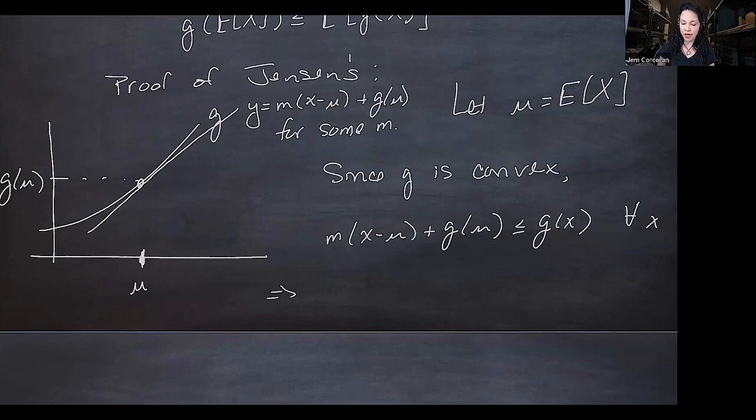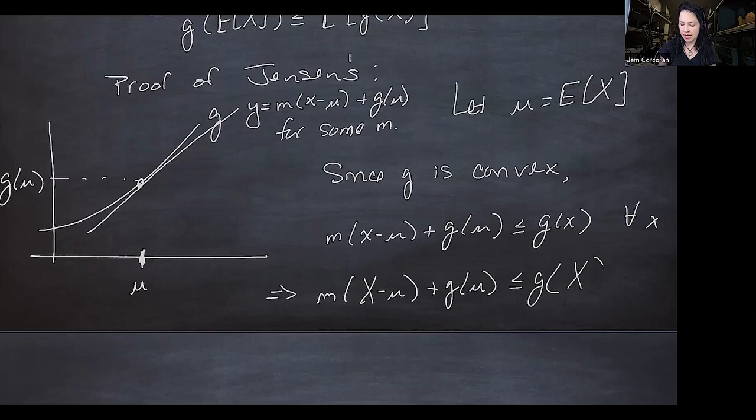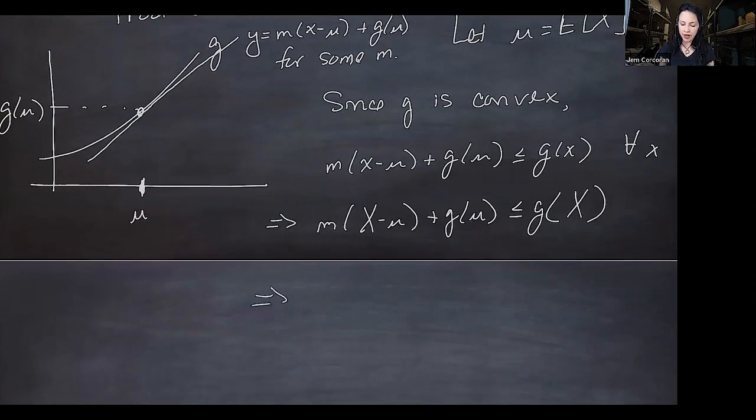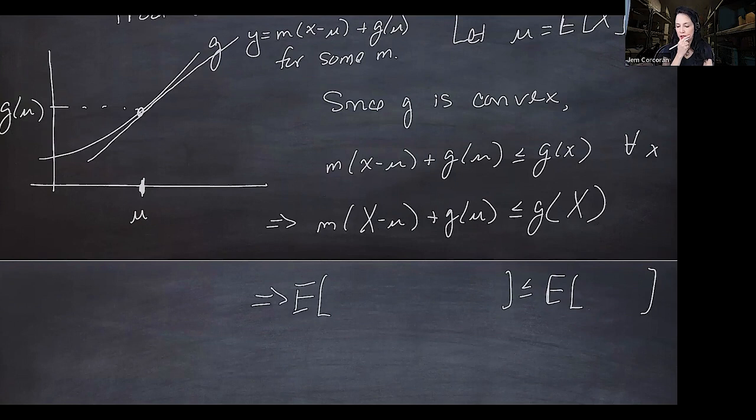And so if we plug in a random x, that will still hold. So let me make these capital: m times (X minus mu) plus g of mu is less than or equal to g of capital X. And now I'm going to take the expected value on both sides. Ooh, I guess we don't know that that holds, do we? Maybe I'll add that in today's homework. This is already an aside.